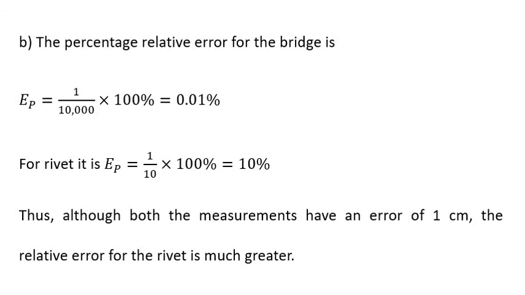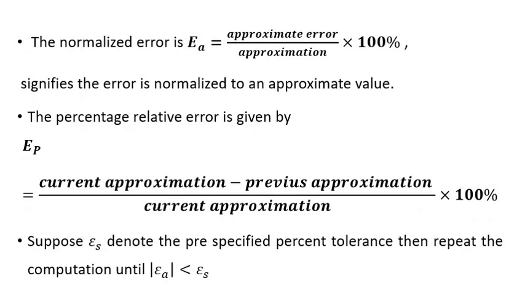Thus note that both the measurements have an error of 1 centimeter. The relative error for the rivet is much greater. The normalized error is defined as EA equals approximate error divided by approximation into 100%, which signifies the error is normalized to an approximate value.